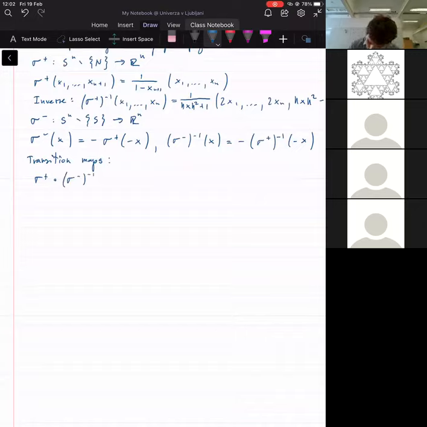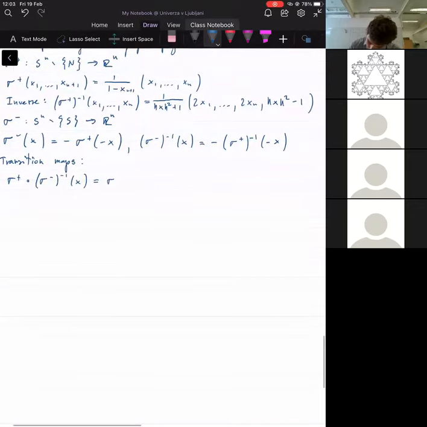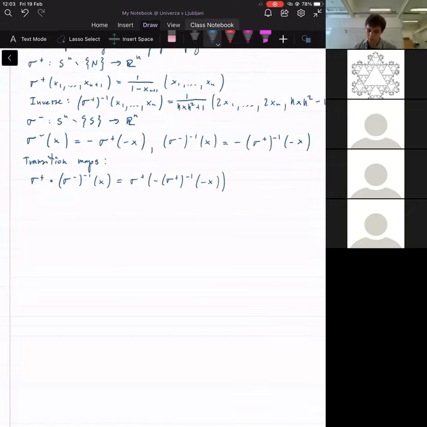So this is, first of all, nothing else but sigma plus of minus sigma plus inverse of minus x, right? This is by definition of the inverse of sigma minus. And by the definition of sigma plus inverse, this is nothing else but the following expression.